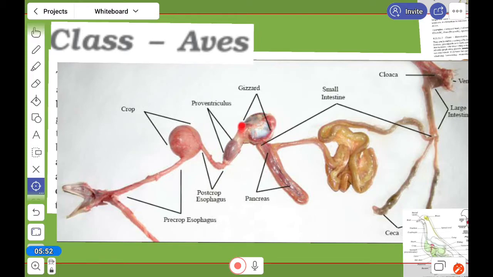Then the gizzard comes. The gizzard is hard-layered, where the food is ground. Since teeth are not there, food is taken in and then ground here. Then the intestines will be there. So the crop and the gizzard you have to keep in mind. This is one special part in this organism.